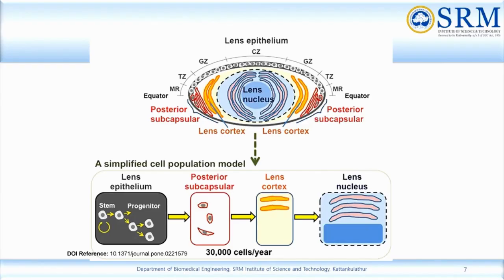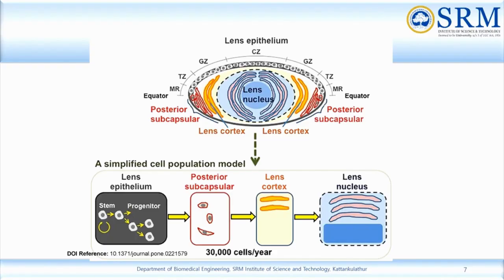So these lens nucleus fibers will lose their nuclei, their mitochondria, and the endoplasmic reticulum, and because there are no organelles inside the cells, they will eliminate the light scattering.